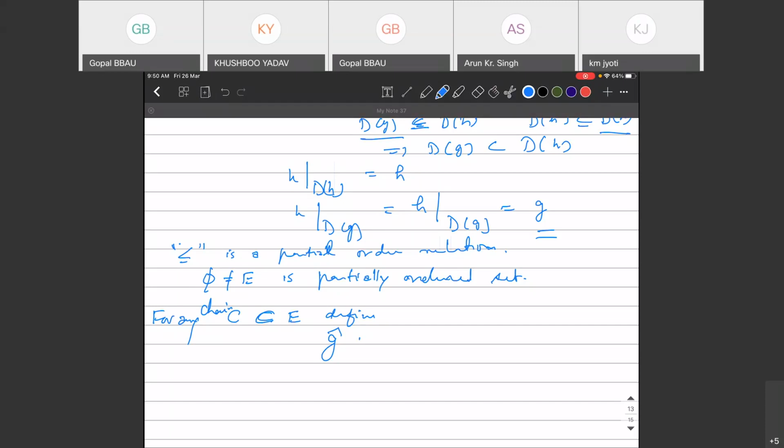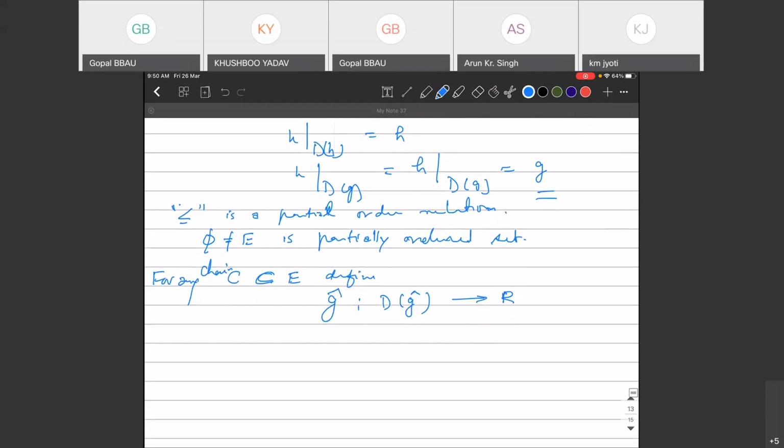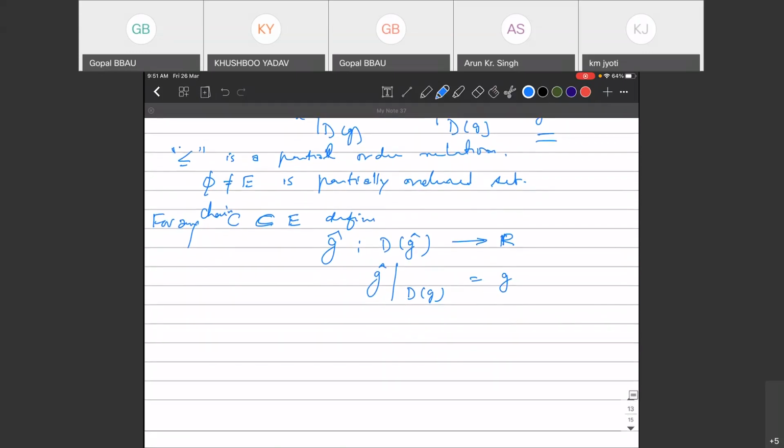G head from DG head to R, such that when we restrict G head to DG, we get G. And now let's see what DG head is.